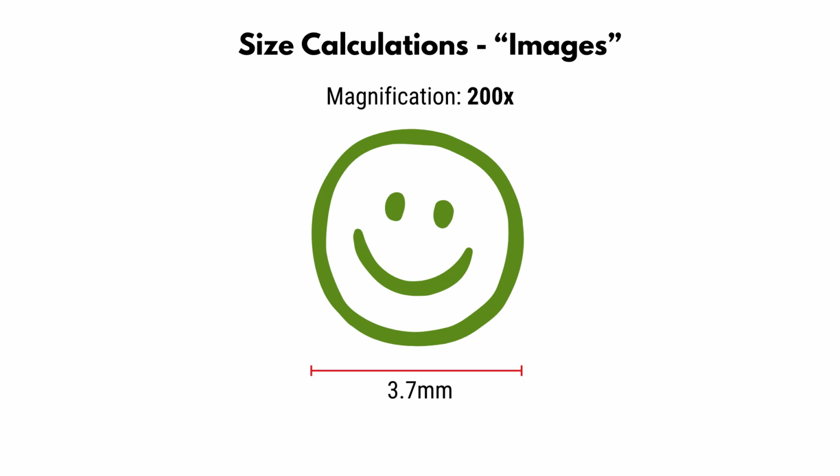Now we'll probably be getting into the most important formula of them all, which is images, magnifications, and actual size. I like to call them size calculations, and this is an image version. Let's just say we are given that the magnification is 200 times and that this image is 3.7 millimeters.